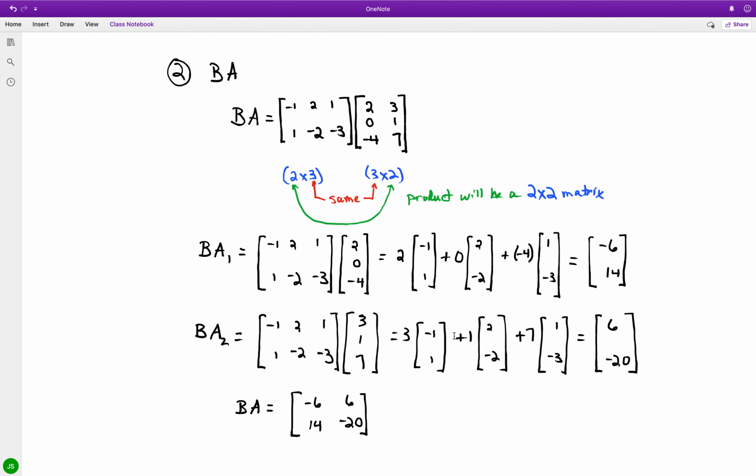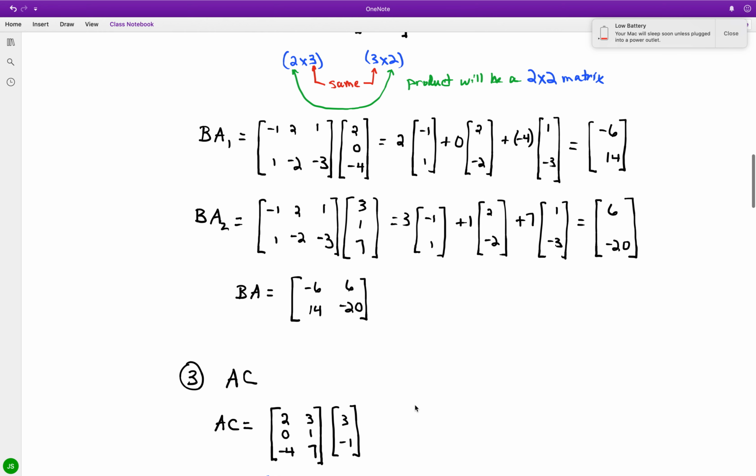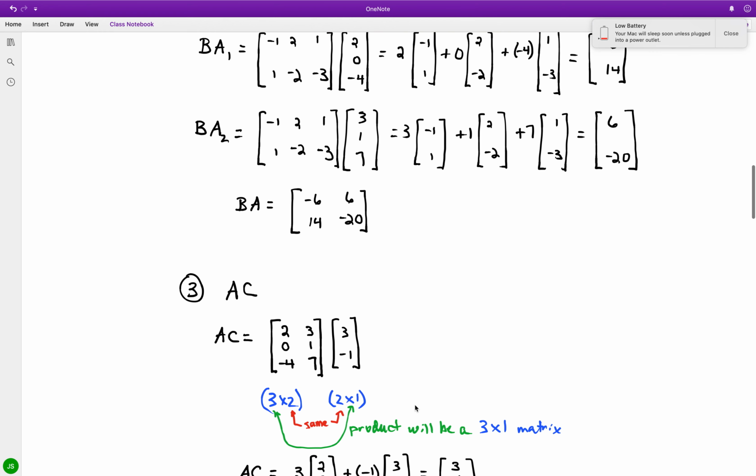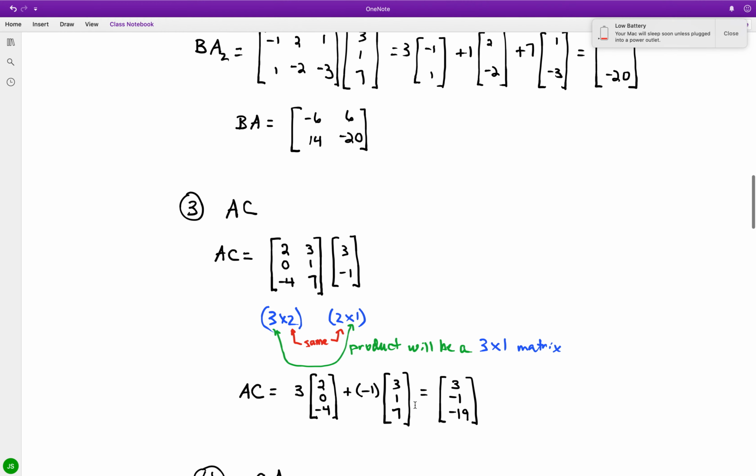You have -3 plus 2 plus 7, which is 6, and we have 3 plus -2, which is 1, plus -21, so this comes out to -20. Putting together what we have here, we have -6, 14 for the first column, 6, -20 for the second.